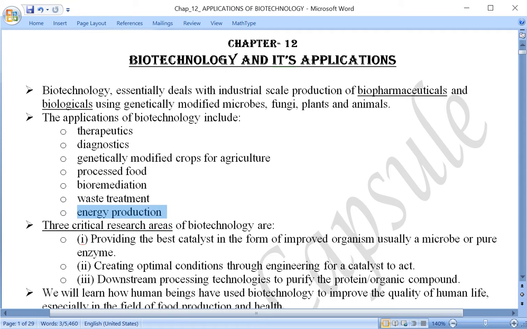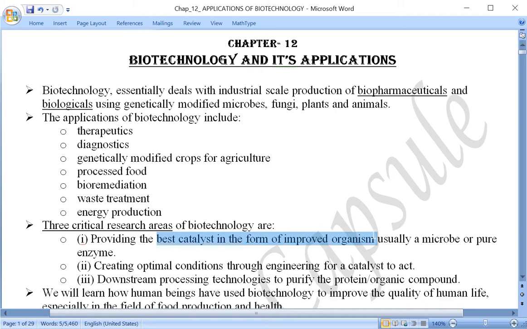So these are some of the applications of biotechnology. Now in biotechnology, there are three critical research areas. The first one is providing the best catalyst, in the form of an improved organism.